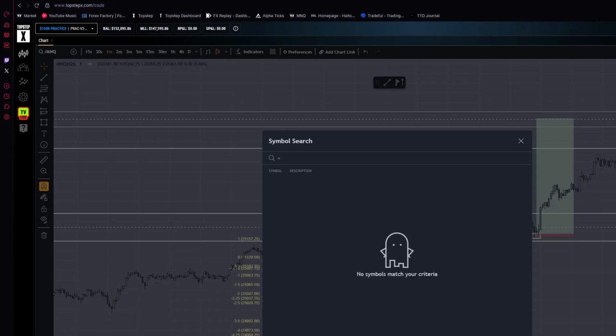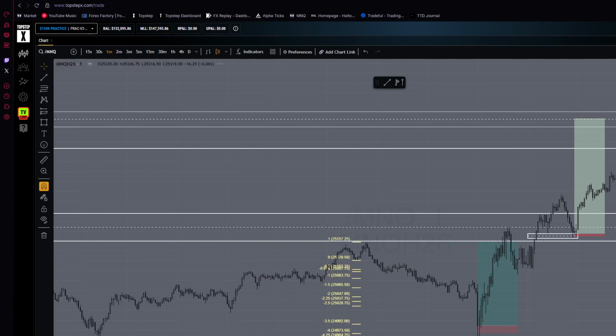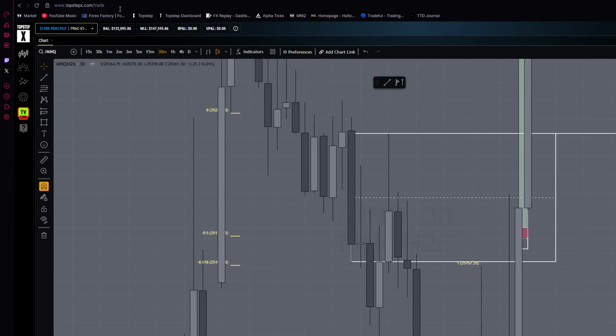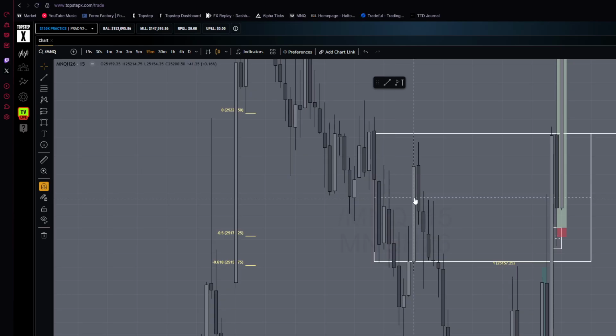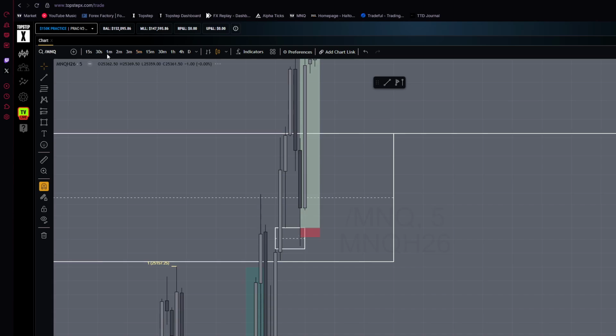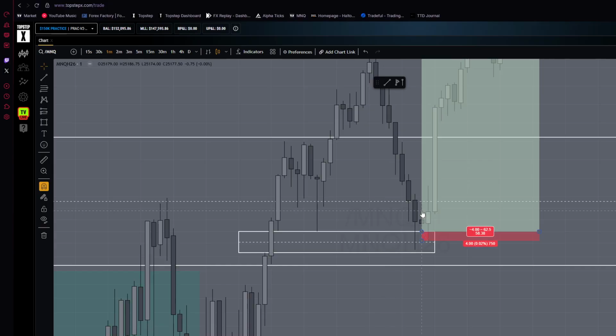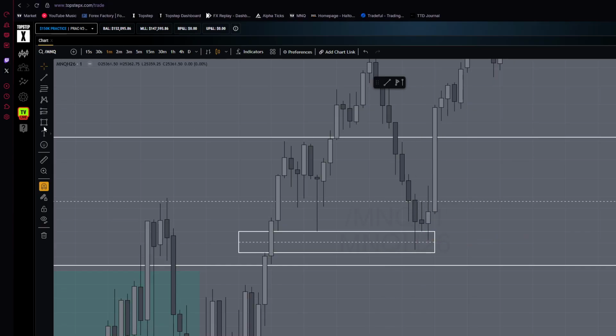Then after seeing that we held first presented and that we want to go higher, I took a long off of this breaker block here. Right, this breaker block here. 5-minute fair value gap, and then on the 1-minute we obviously had this rejection wick, right?